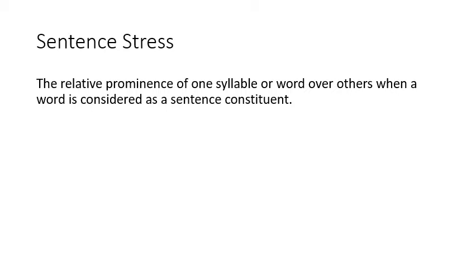When a word is considered as a sentence constituent لما بتكون هذه الكلمة هي جزء من جملة. تمام؟ طيب, so this is sentence stress. Relative prominence of one syllable or word over others when this word is part of a sentence. Okay?